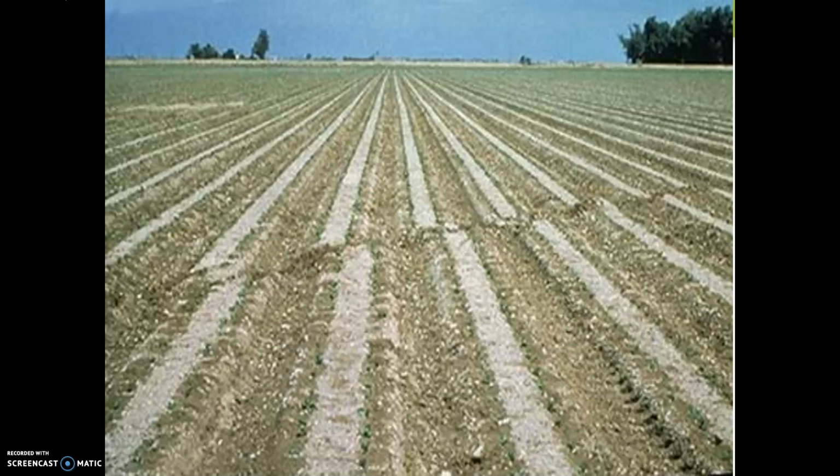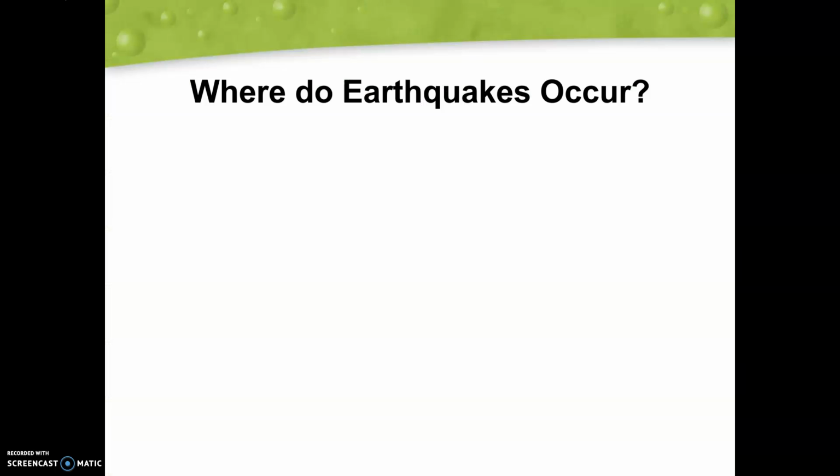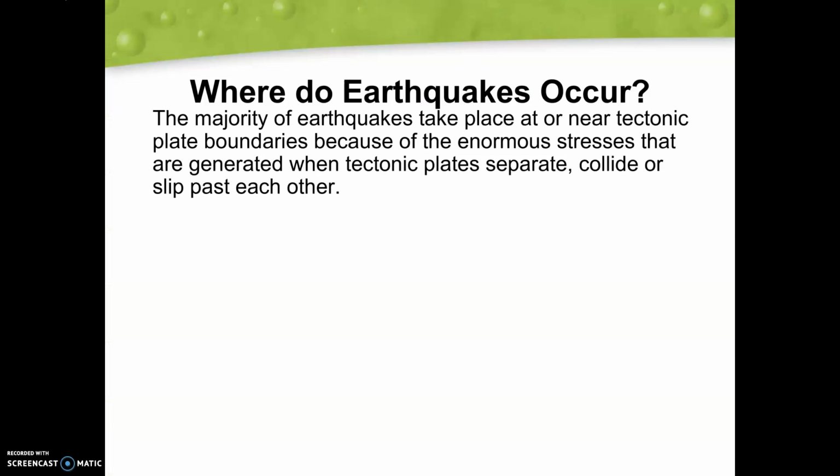We can see that really here. Here's our fault line, and it's completely moved our Earth, because these two should be lined up. But since we had that huge stress, the surface of the Earth actually pushed it out of alignment here. So where are these earthquakes going to occur?